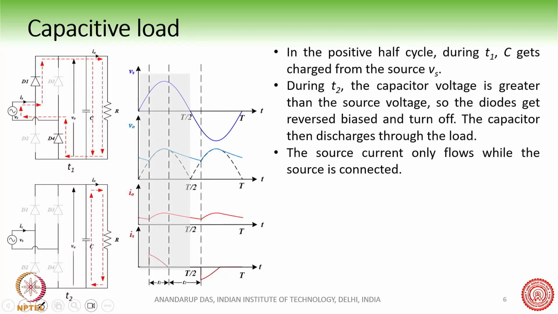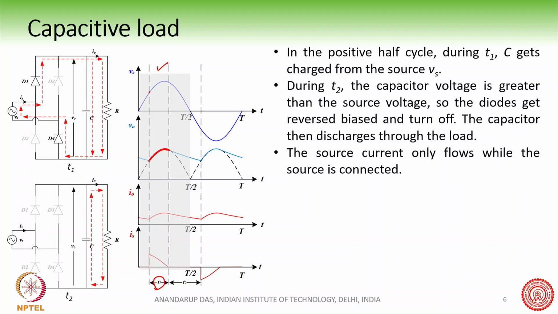So how does this circuit operate? Very simple. Like previously, we can analyze the circuit in two halves, the positive half and the negative half of the AC cycle. In the positive half, during this period T1, the capacitor is charging and the output voltage is like this.